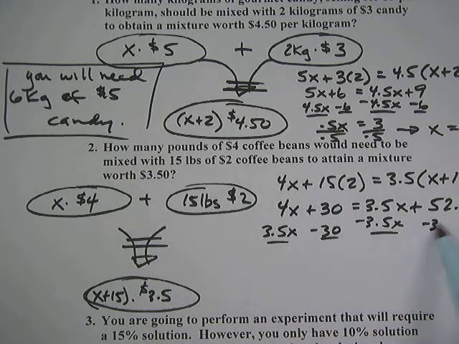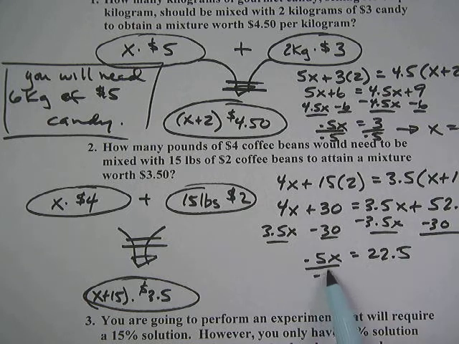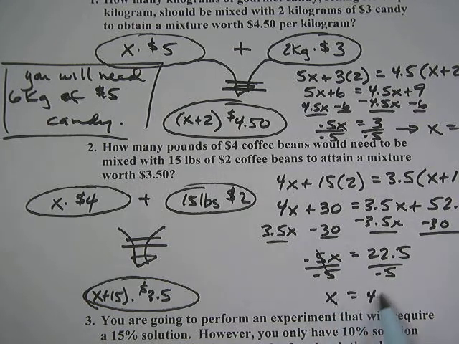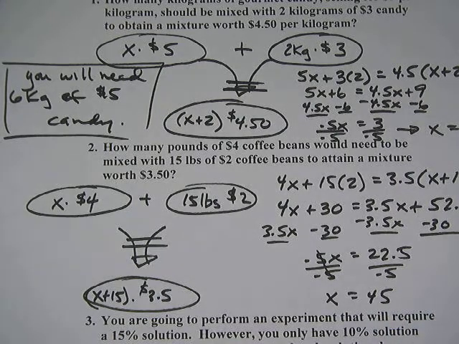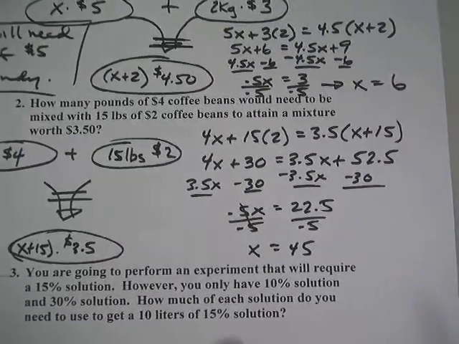Let's subtract 3.5x, and subtract 30 again, doing two steps in one. So I get 0.5x equals 22.5. Divide by 0.5, x equals 45.